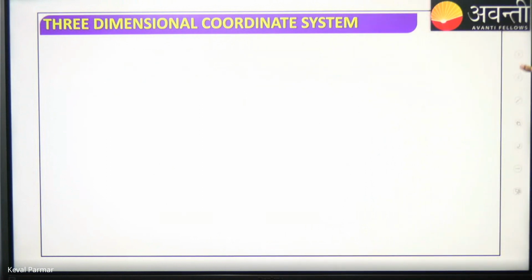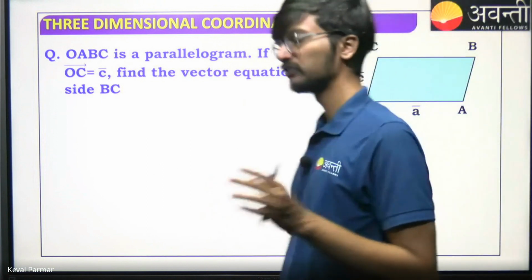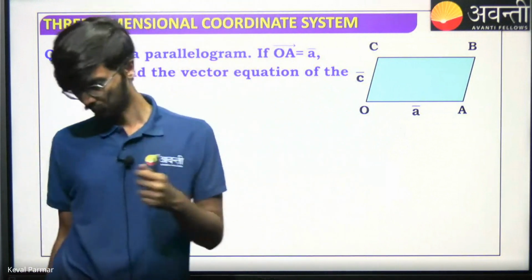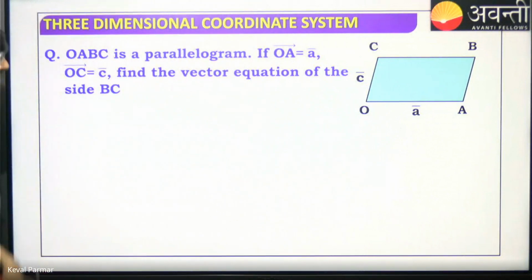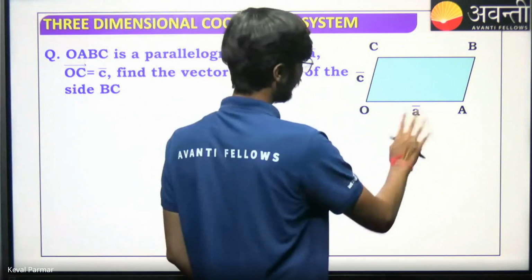This is a good question. Let us first try to understand what it is trying to say. Here it is given OABC is a parallelogram where OA vector is equal to A vector.